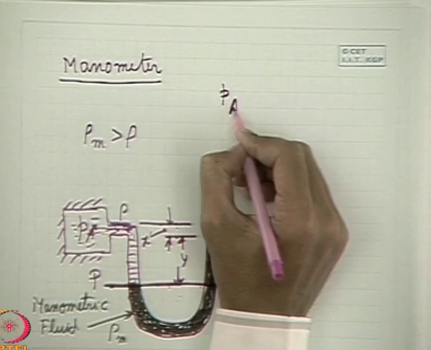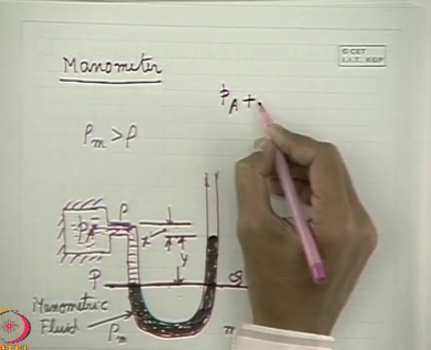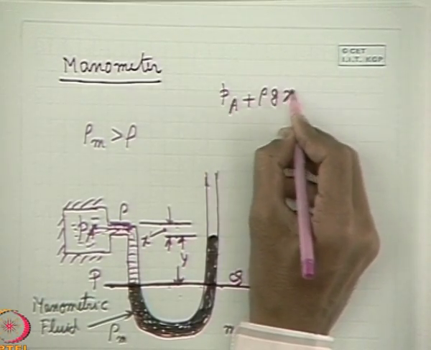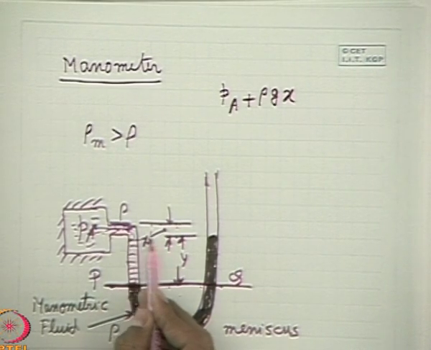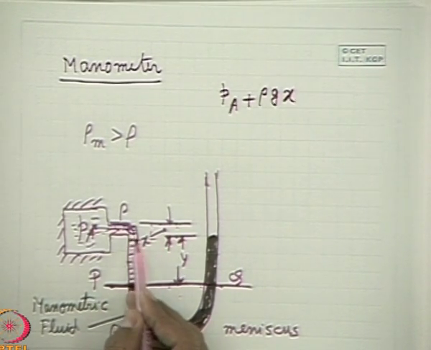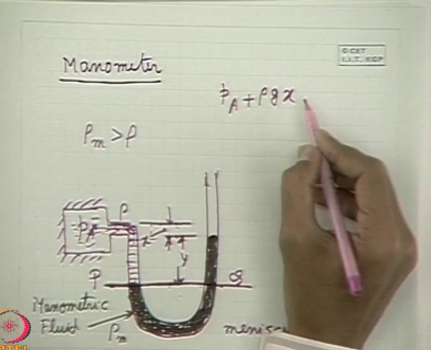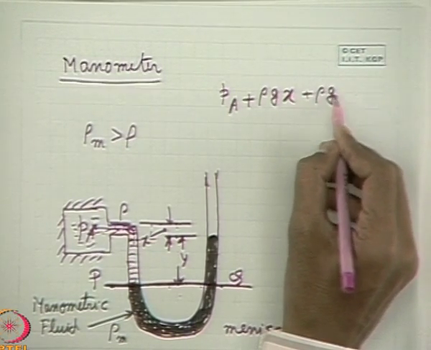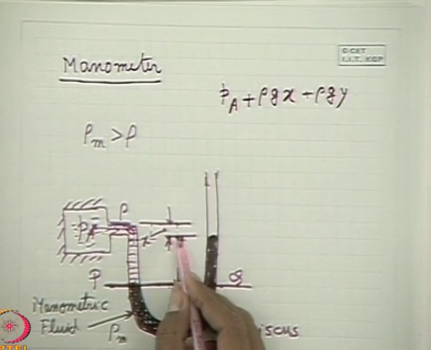From the left side, Pa plus rho into g into x, that is the pressure of this height of liquid column, then plus rho into g into y, or simply we can write x plus y.